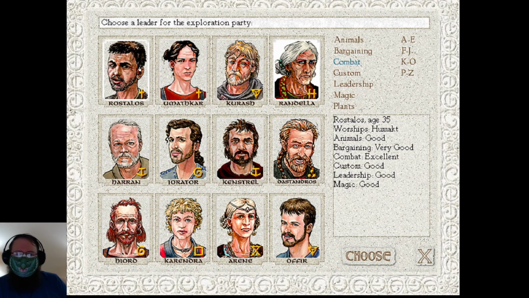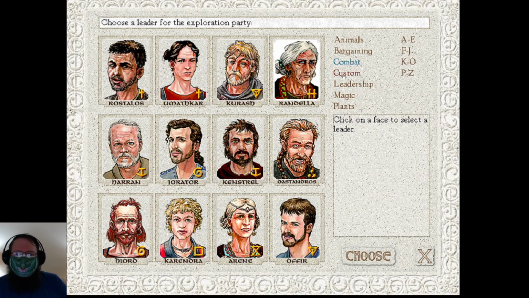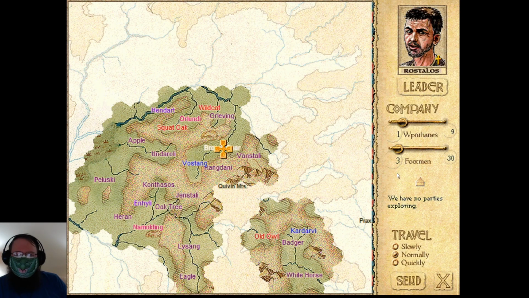Well, really, I guess the excellent at combat would be 2. And go slowly. Oh, that's fun. Yeah, we're just going to have them explore around where we are right now. So yeah, send them out.